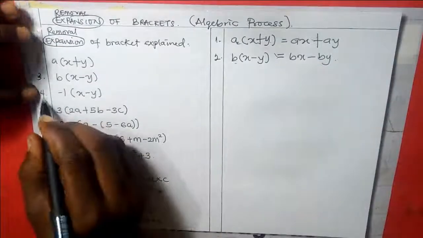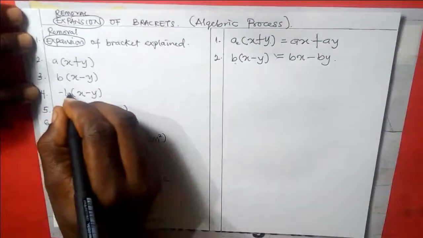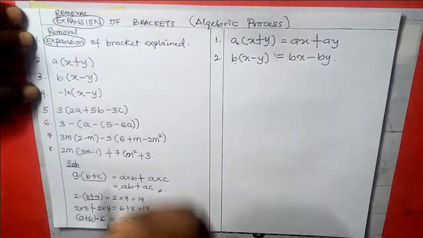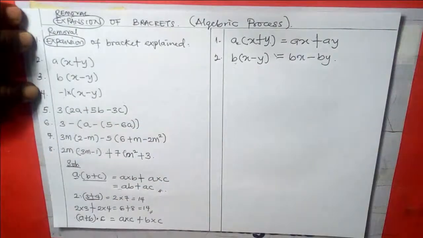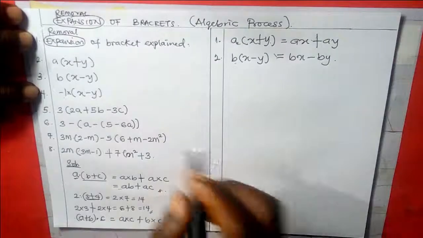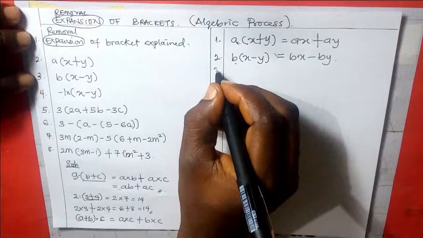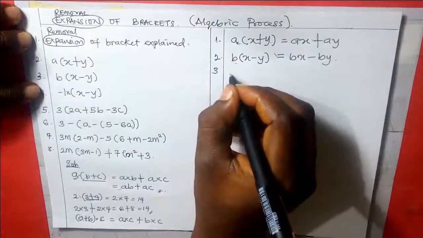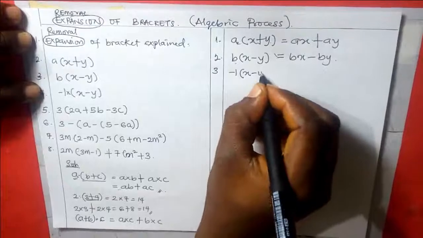When we have a number like -1 multiplying it, we see the sign between them is multiplication. You don't distribute if the sign is addition or subtraction. You distribute when the sign is multiplication. So example 3 is -1 open bracket x minus y.